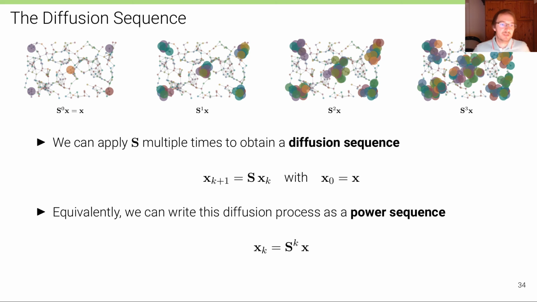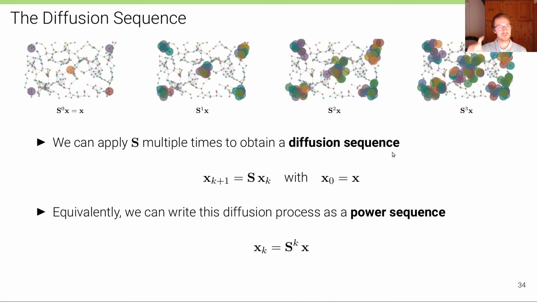Now, as already mentioned, we can apply S multiple times to obtain a diffusion sequence that can be recursively written like this. We have xk, which results in xk plus 1, where x0 is the input. So we define x0 as the input to this diffusion sequence.